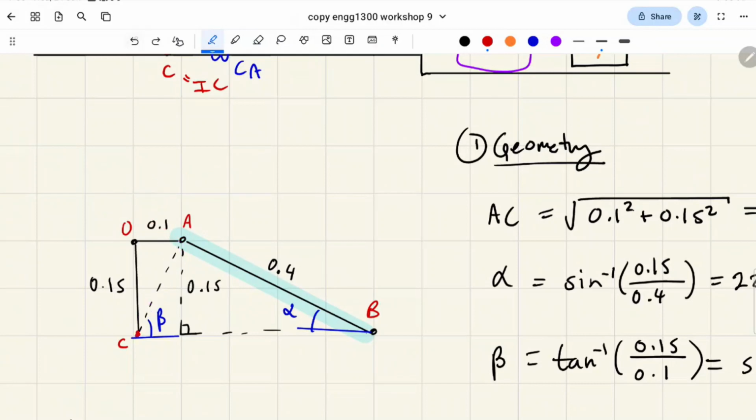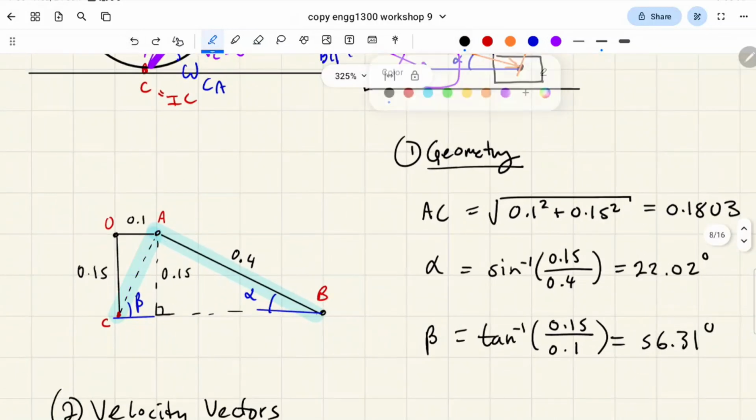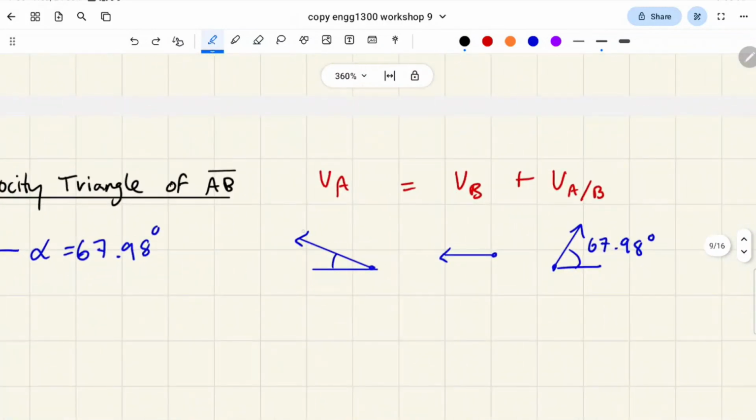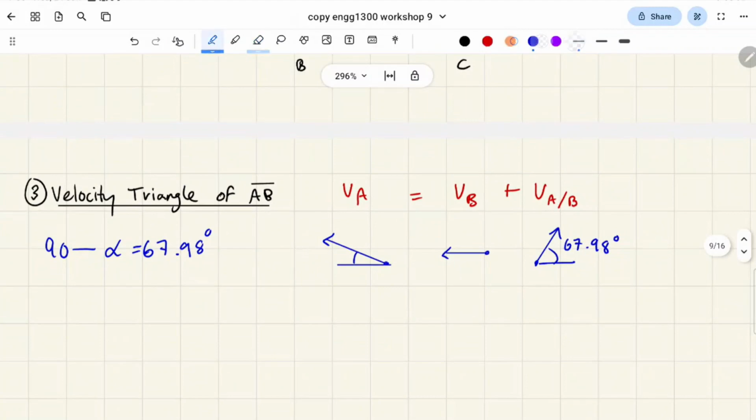So VA is going to be in that direction. And basically, this angle here is going to be 90 minus beta, right? Is that right? Yeah. Do it over there. So it's 33.69 degrees.